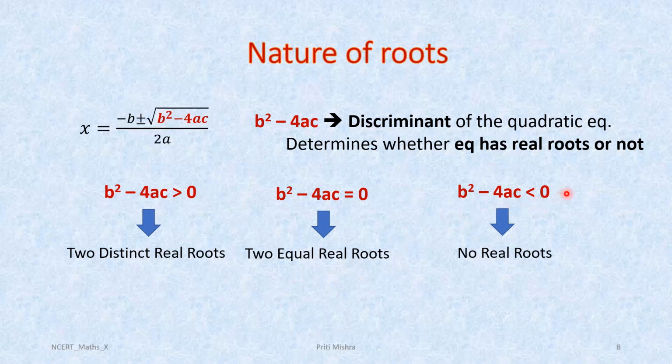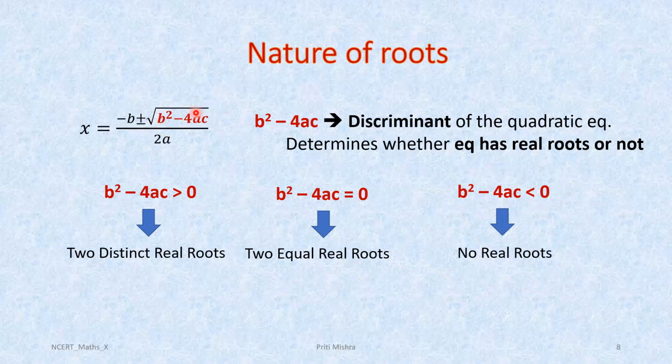And when b square minus 4ac is less than 0, this term is becoming negative, then no real roots will exist, because then we will remain with a negative number inside the square root, and that makes any number a complex number.